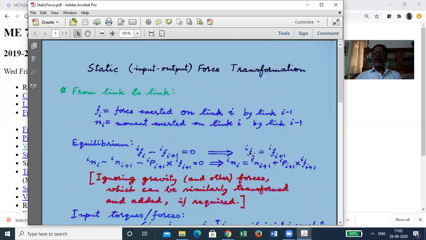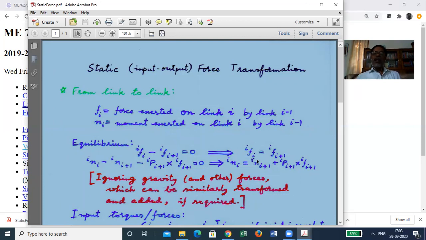And in that case, you can determine the left hand side, which is the force and moment interaction between link I minus 1 and I. So like that, starting from the end effector, the force and moment that it gives to the environment, you can know if you know that it is free or you know the weight that it is carrying, or you have got the reading from the force torque sensor that you have mounted there.